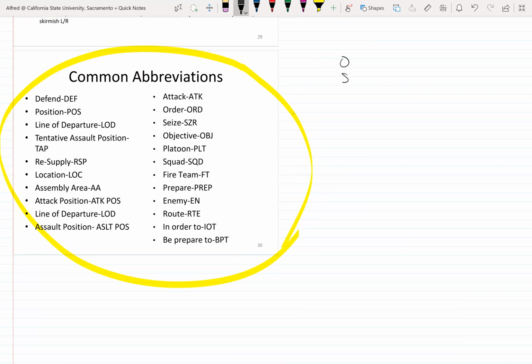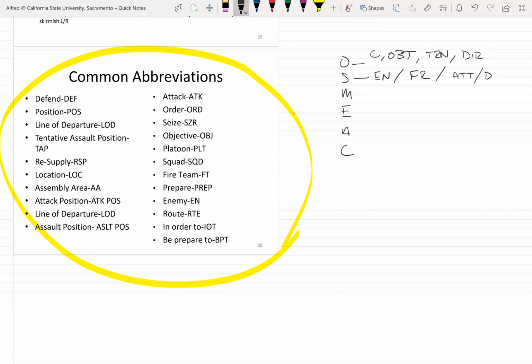O, S. Orientation. Current. OBJ. Terrain. What else? DIR. Direction of attack. Situation. Enemy. Friendly.